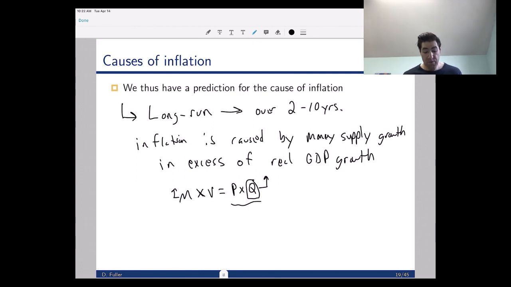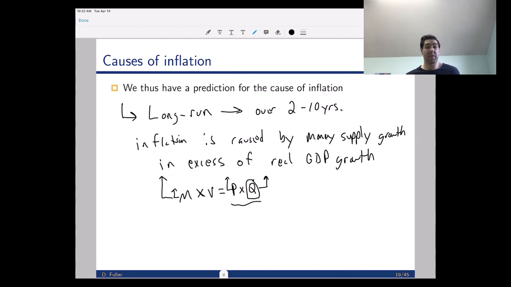Now, if the money supply goes up in excess of 10%, if it goes up faster than to cover the 55 pizzas now, $550 worth of pizzas, then the only way that this is going to add up is that if the velocity is constant, the price has to increase to make up the offset.